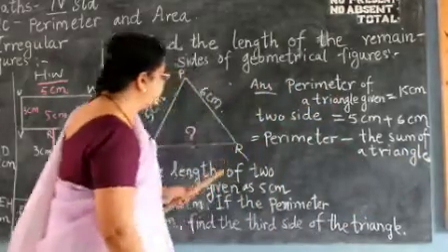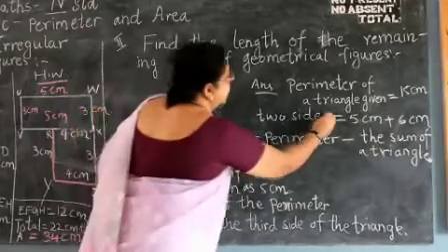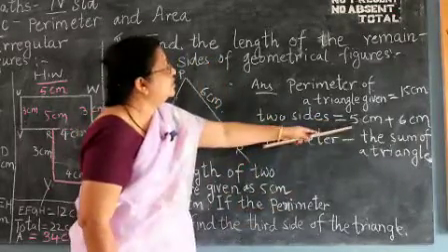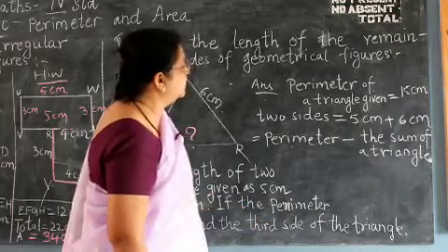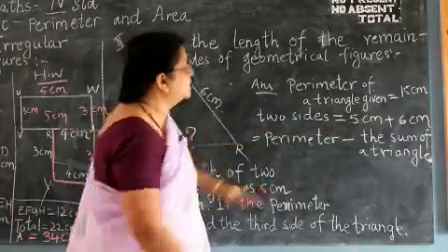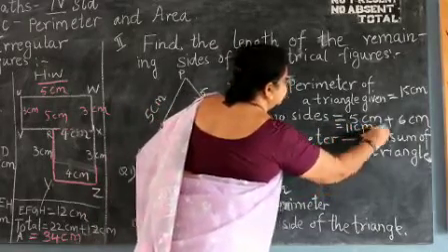See, perimeter is 15, two sides is equal to 5 centimeter plus 6 centimeter. Now 5 centimeter plus 6 centimeter is equal to 11 centimeter.